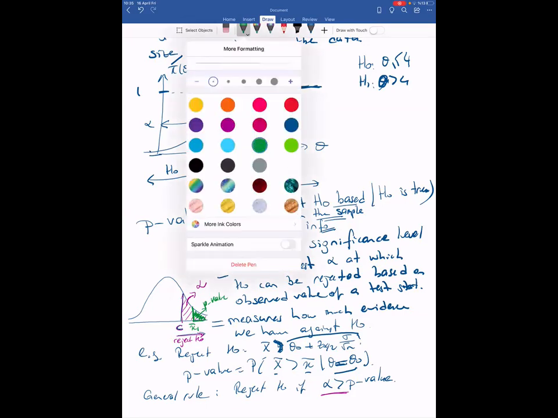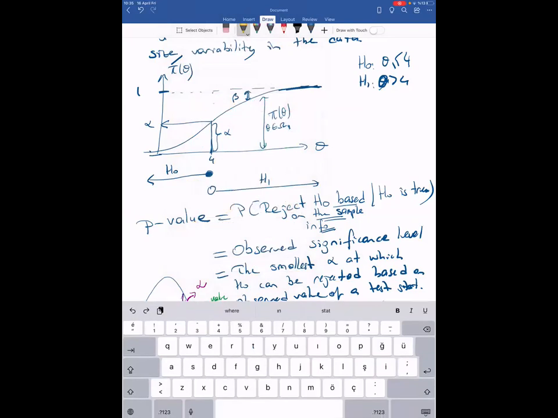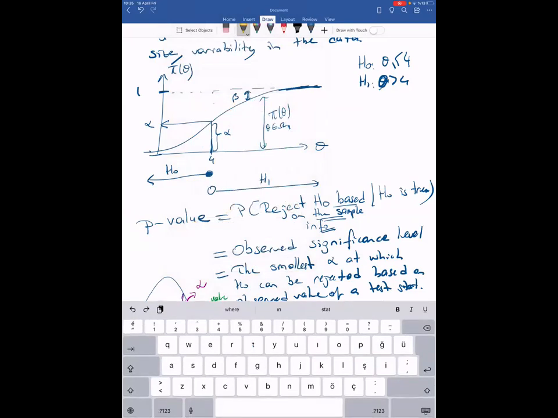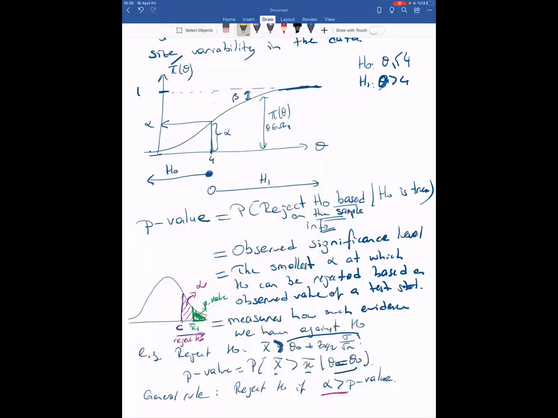But let's say we observe our sample here. As you can see, the p-value, the whole region that we have here.